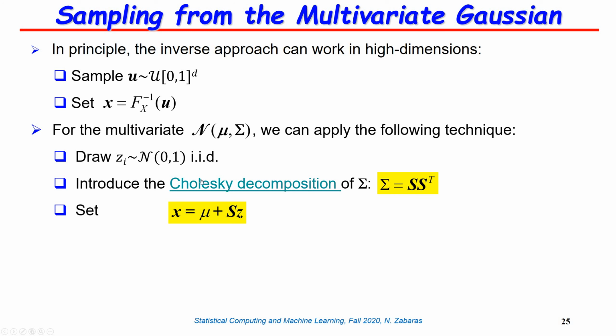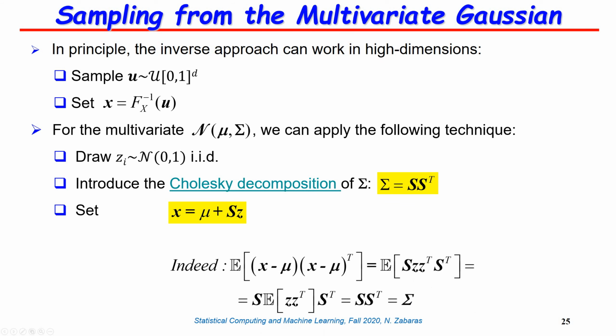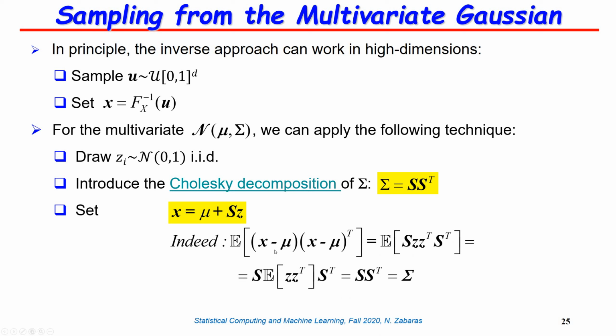With the mean you don't have a problem because these Z's all have mean 0, so you can see the expectation of X is equal to mu. And when it comes to the covariance, you can use the definition, and this is what I have here. X minus mu is SZ, times SZ transpose. And then you have the expectation of ZZ transpose, and that is the identity matrix, because these are uncorrelated random variables, and the standard deviations, they are all coming from the standard Gaussian.